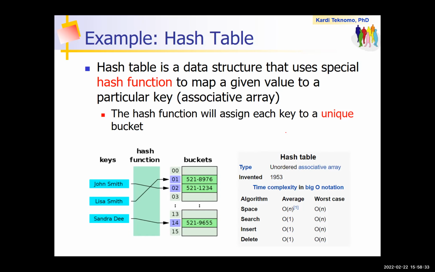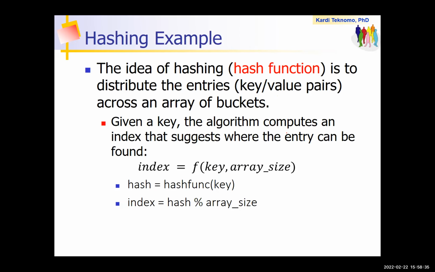Okay, so now this is an example of a hashing function. The idea of a hashing function is to distribute the entries, which is the key-value pair, across an array of buckets. So given a key, there's an algorithm, you don't need to know what is the algorithm inside, to compute the index that suggests where the entry can be found.